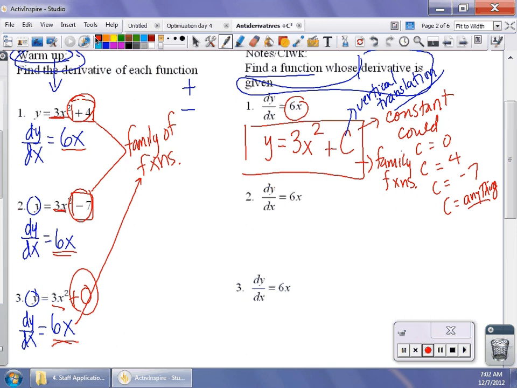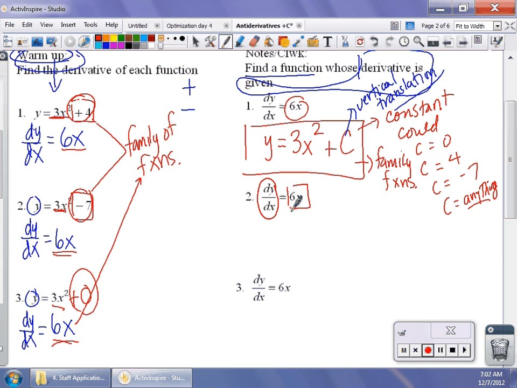Another thing that I want to do when I reverse the process, notice that on the left-hand side, I have my dy and my dx together. And notice on the other side, I have only a 6x. In other words, I don't have any x's on that side. And I want my function, I want y in terms of x.